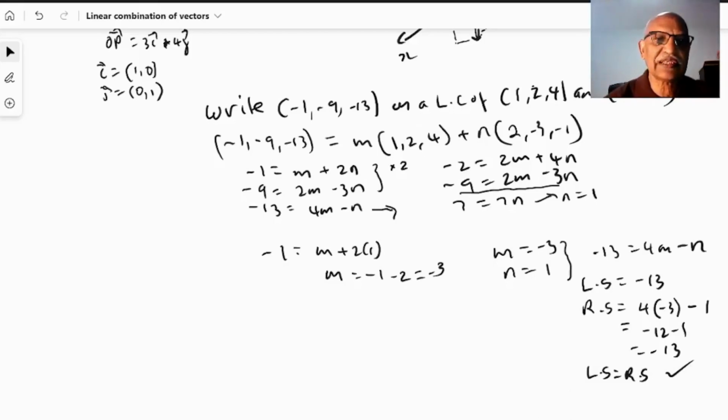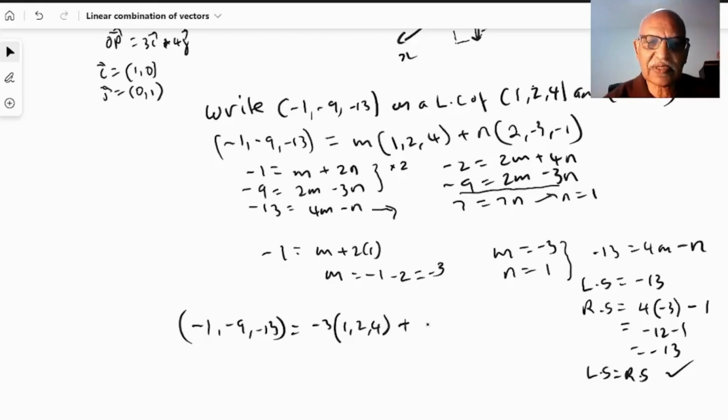So what I do is I take these numbers here, I write the equation. -1, -9, -13 can be written as m, which is -3, times 1, 2, 4, and then plus n, which is 1, times 2, -3, -1.